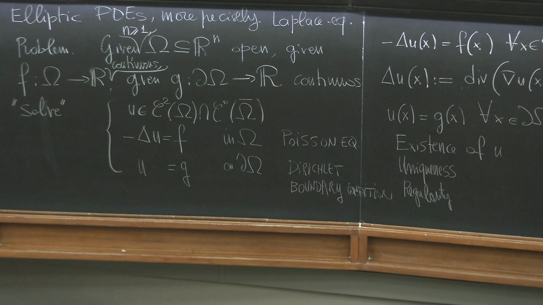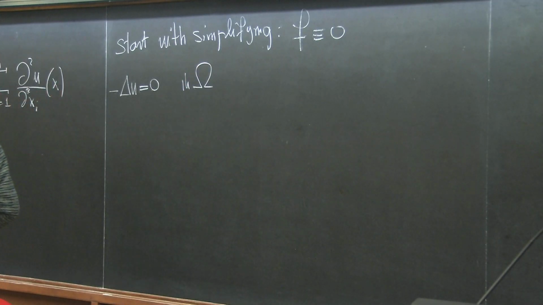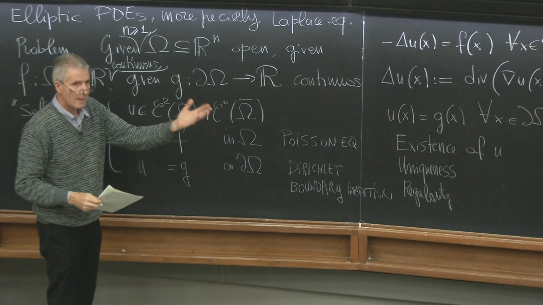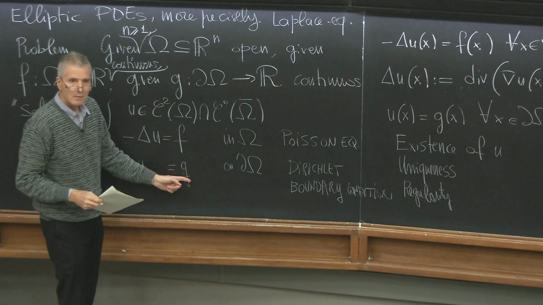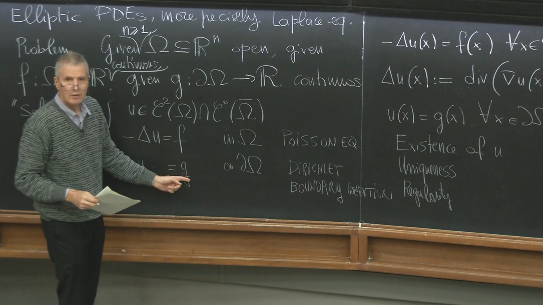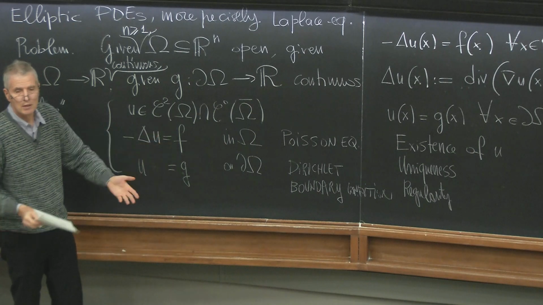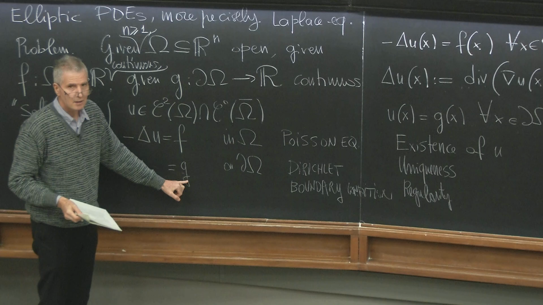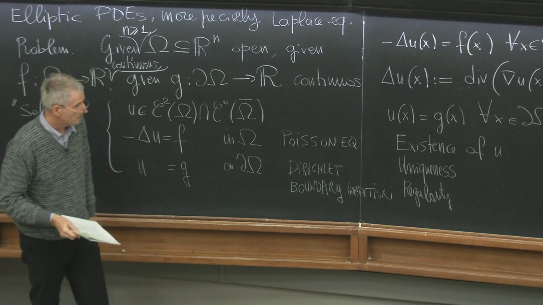Of course, the problem is non-trivial because there is g. We are looking for a function which has minus Laplace equal to 0 inside, but it is forced to keep the value g on the boundary of omega. Of course, if g is 0, u is 0, but there is nothing interesting. The presence of g makes the problem non-trivial even for f equals 0.